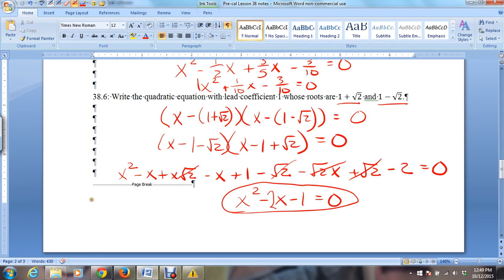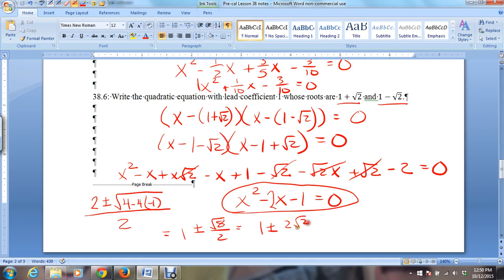So it would be negative b plus or minus square root of b squared minus 4ac all over 2a. And that gives me 1 plus or minus the square root of 8 over 2, which is 1 plus or minus 2 square root of 2 over 2.